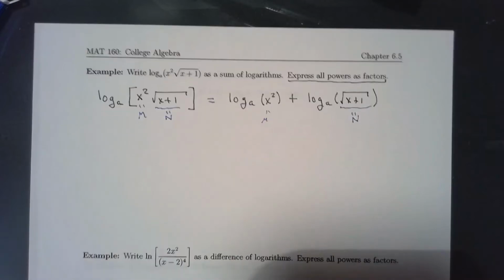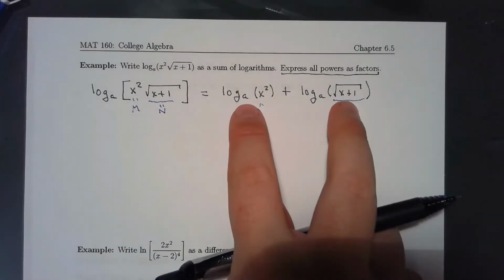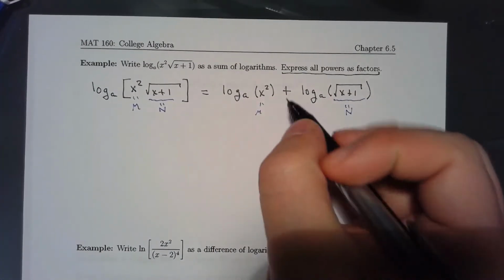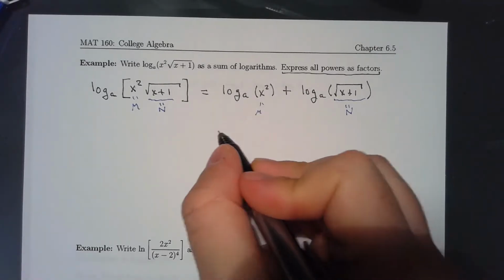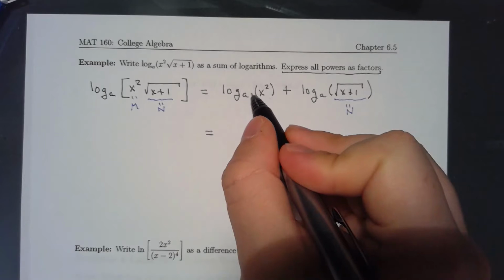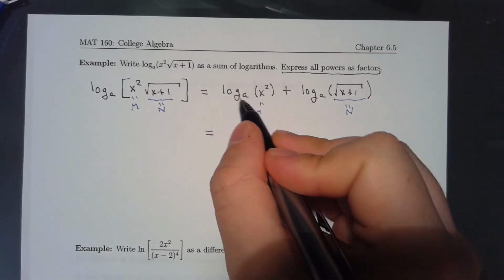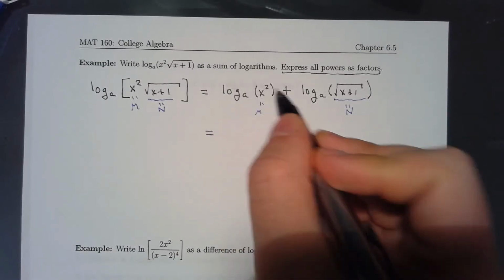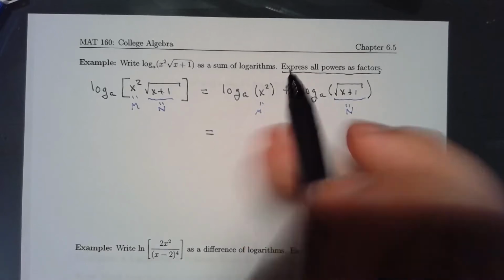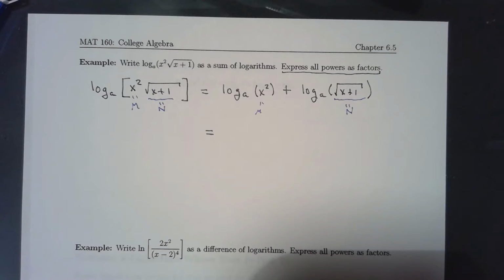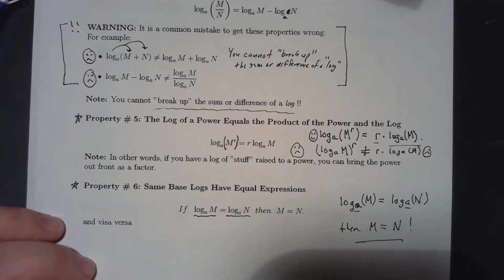All right. So if I look here, I have the log base a of x to the second power. So I could still simplify this. I have a log of something that's raised to a power. So according to property number 5, if you look at your property number 5 for reference, there it is.